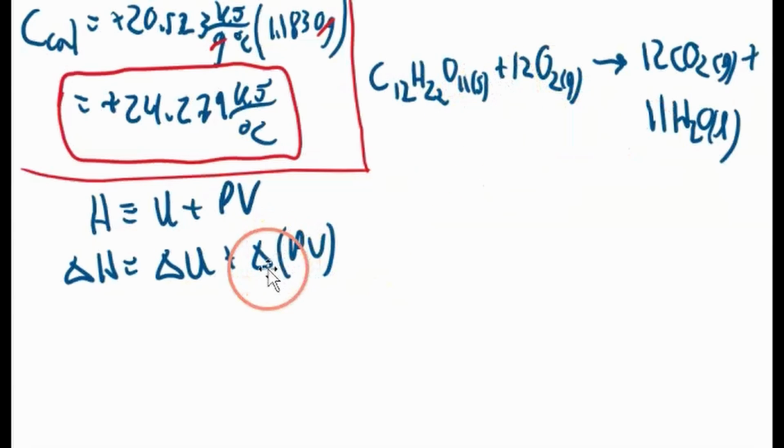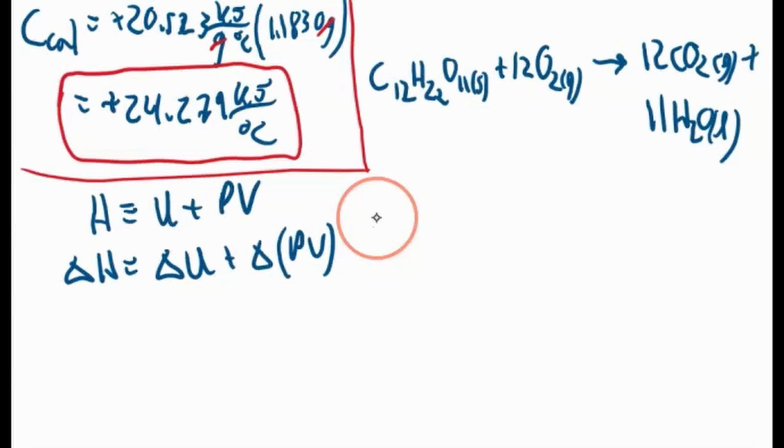Now, the change in the pressure, because this is bomb calorimetry, so the volume doesn't change. This term only depends on the change in the pressure times whatever the volume might be, and the change in pressure is due to the gas because there's no pressure exerted by the solid or the liquid. So it's just the gas.